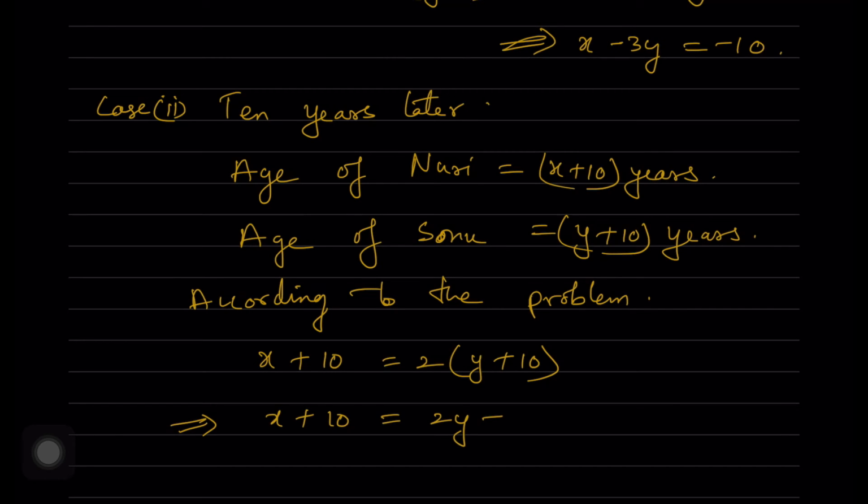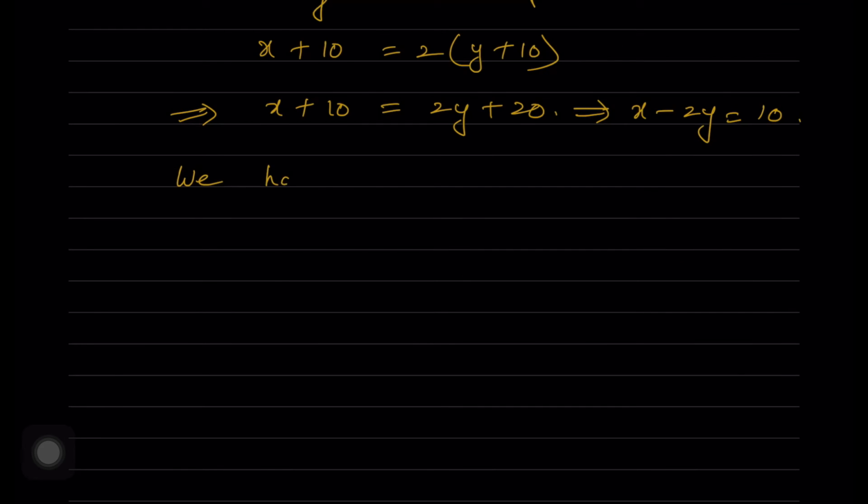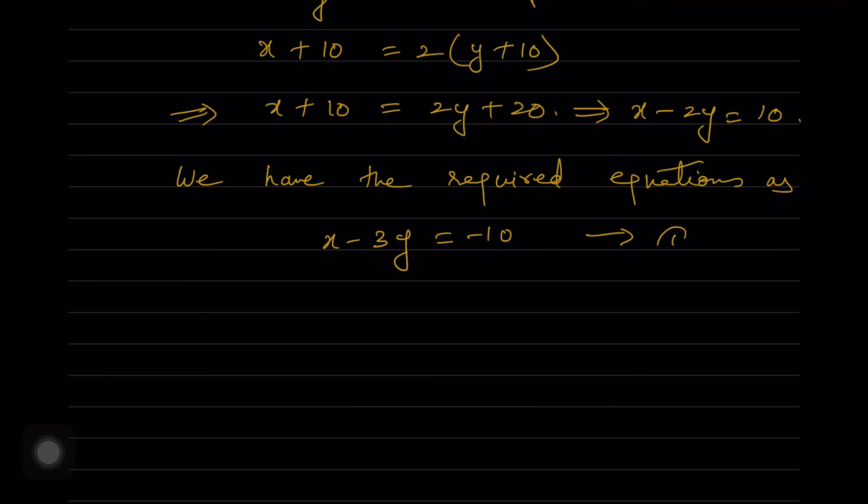So you are going to get x - 2y = 10. So we have the required equations: the first one is x - 3y = -10, and the second one is x - 2y = 10.